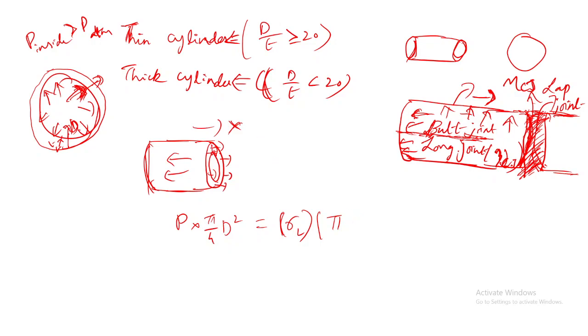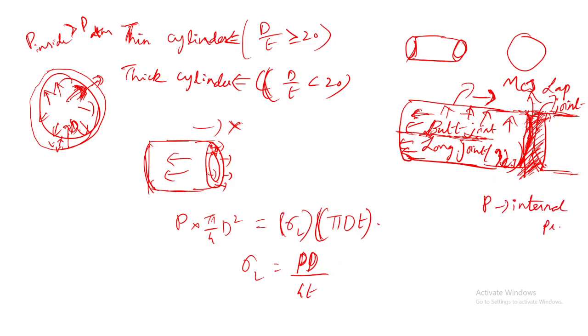Let's say this is thickness T and diameter D. What is the area here? Pi dt. Yes, pi d into the thickness T. So sigma L ultimately turns out to be PD divided by 4T, where P is the internal pressure above the atmospheric pressure.